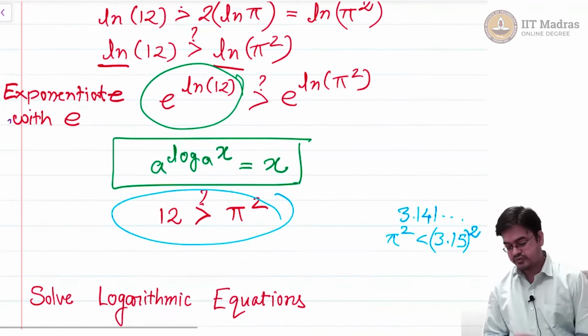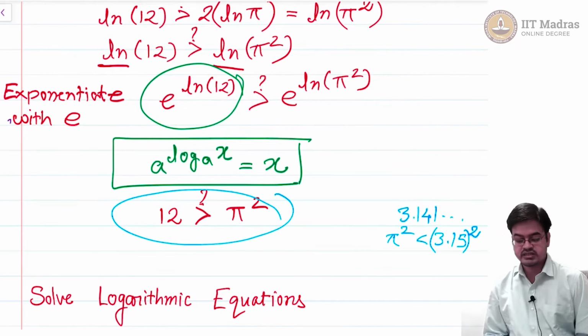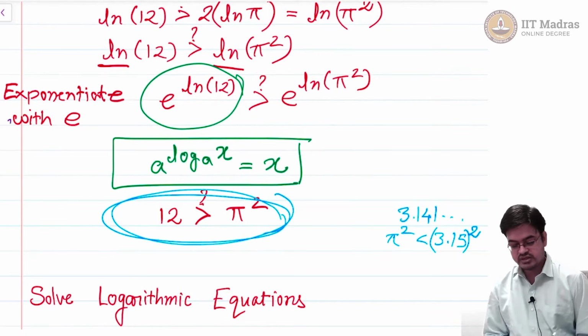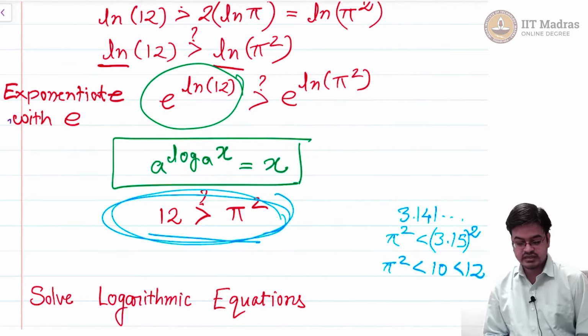And 3.15 squared will not exceed 10. You can check for yourself, it will not exceed 10. Therefore this inequality which is under question is certainly true, because pi squared will always be less than 10, which is less than 12, and therefore naturally this inequality holds true.